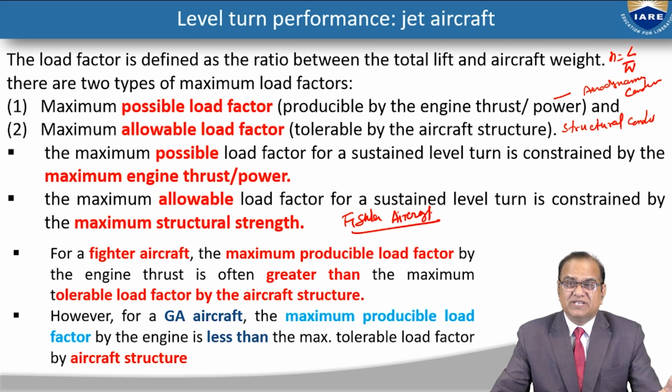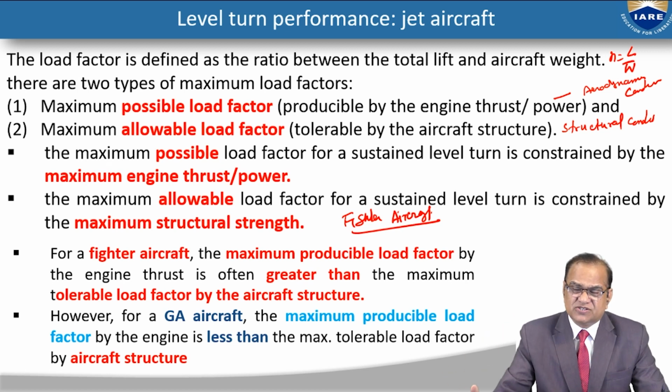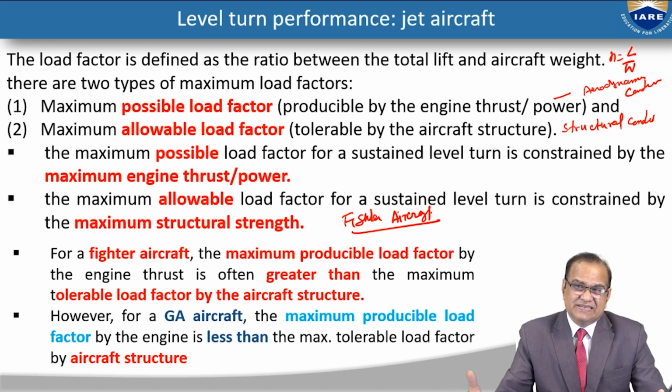But if you see the general aviation aircraft used for commercial purpose, then their maximum producible load factor is quite lesser than the tolerable load factor of the aircraft structures. I will discuss the equations in detail in due course of time. I will be taking nearly 6 to 7 lectures on this maneuvering performance, covering different types of VN diagrams, then equations for all the conditions.